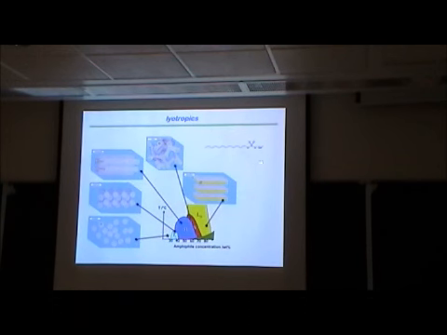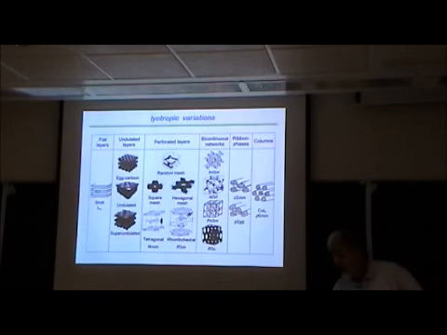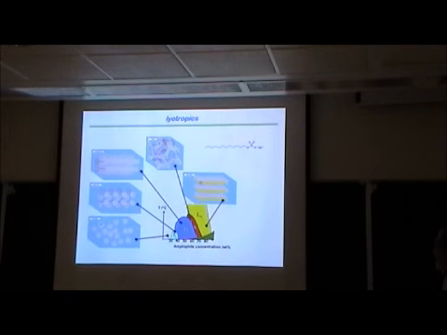Ion concentration, for example, will control the relative repulsion of these ionic groups in the interface, and that manipulates the curvature. Okay, so these are the basic lyotropic phases that we saw for the polymers.